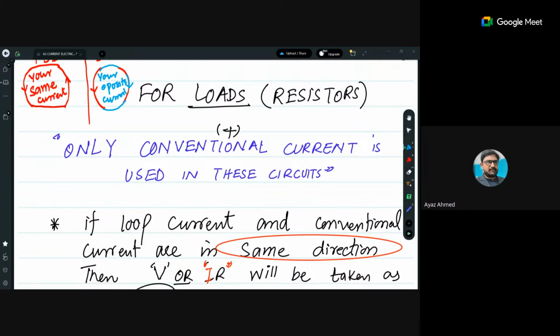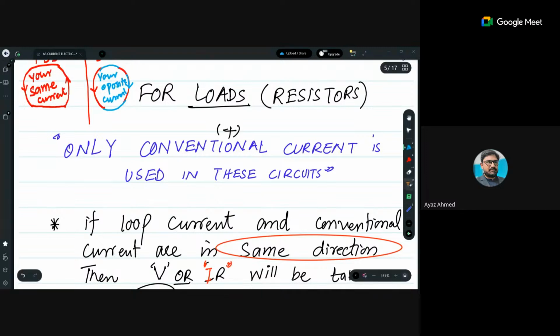So here you will say that the potential difference will be positive if the direction of loop current and conventional current in the circuit are opposite to each other. That is simple, right? Only conventional current is used in these circuits. This is what you have to take care of.